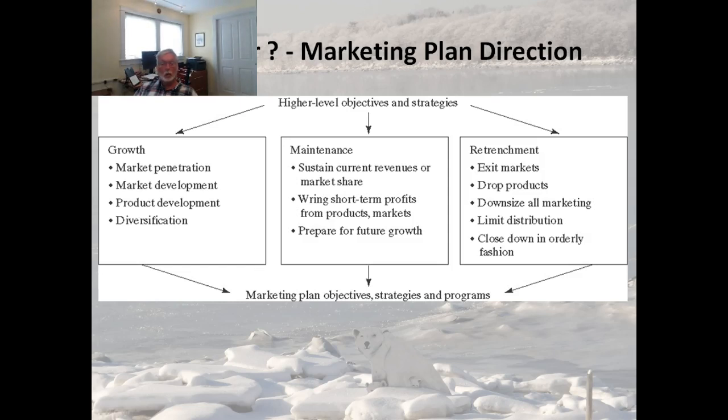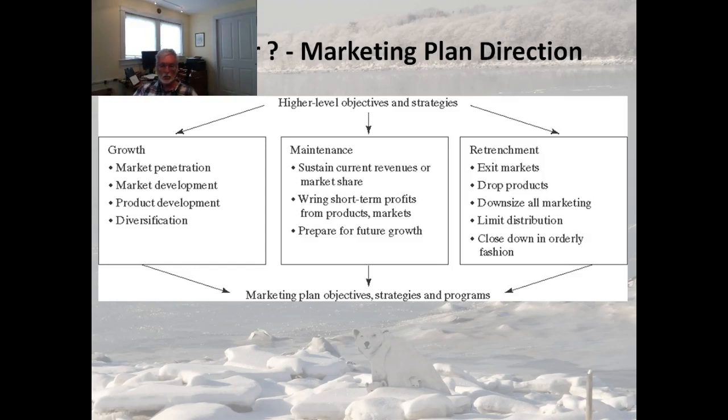So their sales have shrunk, but they're working to keep their market share, so when the market comes back, they'll be ready to grow with the market. And then the third one is retrenchment, getting out of markets, dropping products, closing down, all of those possibilities.